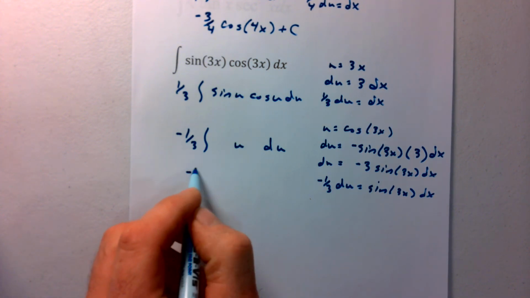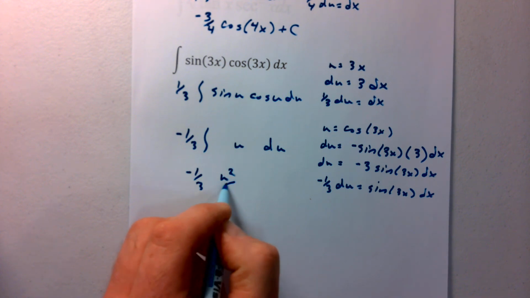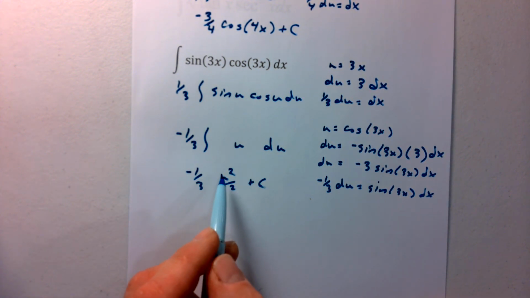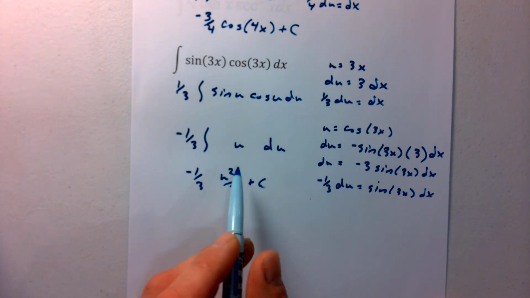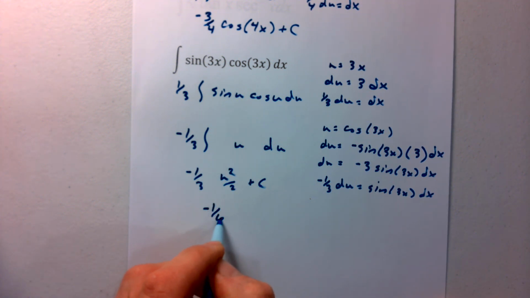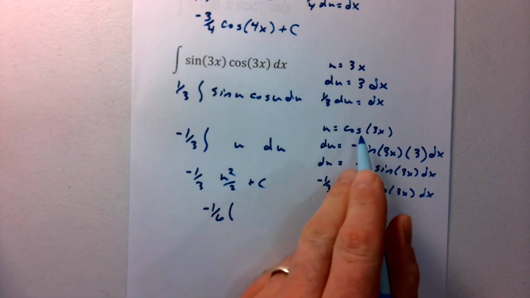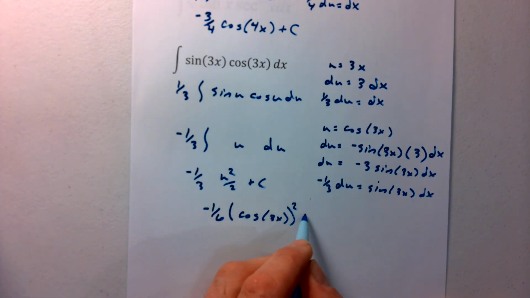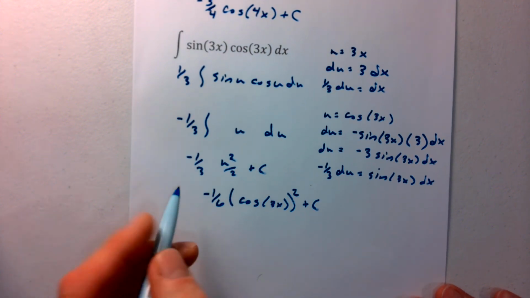Integration of u is u squared over 2 plus c. Now we can go ahead and replace our u and clean this up a little bit. So we get a negative 1/6 of u squared. U squared is actually the cosine of 3x squared plus c. That don't look too bad, does it?